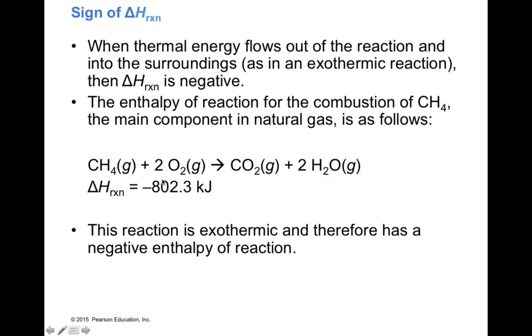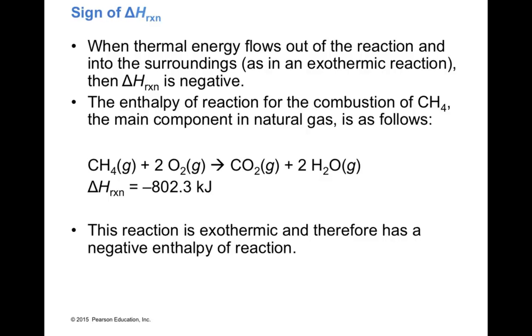So if we look at the sign, that would tell us what type of reaction it is from an energy perspective. This doesn't mean that it has less. Basically, it means just from where to where the energy was transferred: from the reaction to the surroundings, or from the surroundings to the reaction.